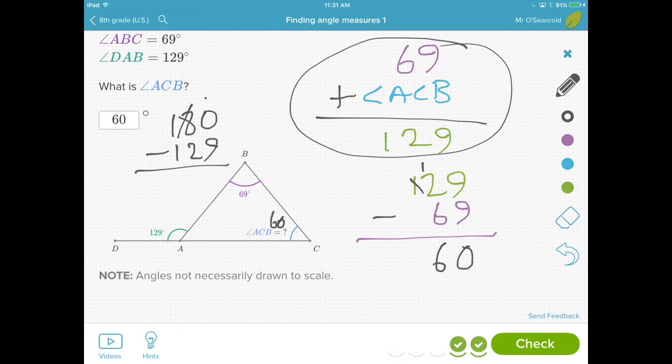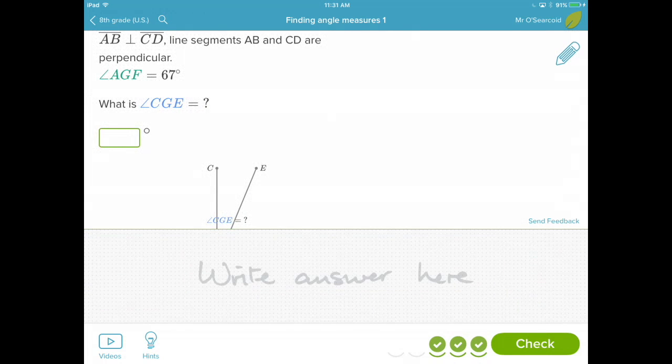Just take note that 180 degrees minus 129 degrees is, of course, 51 degrees, and that gives us, when we add up the three measures, the angles inside the triangle, we notice that we end up with 180 degrees, as is expected. So a bit of error check is also a good idea from time to time.